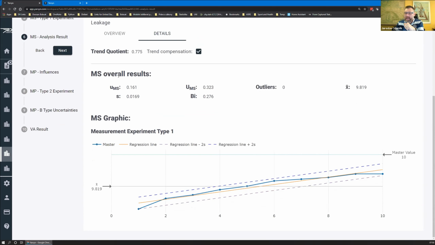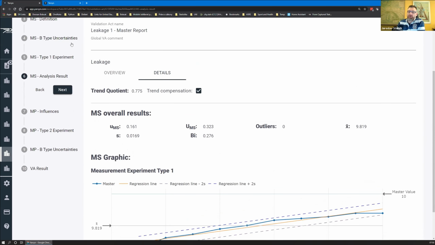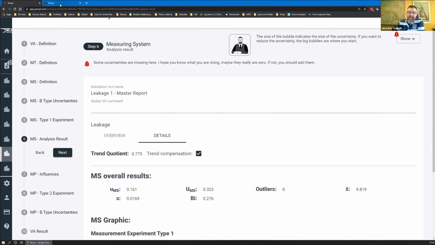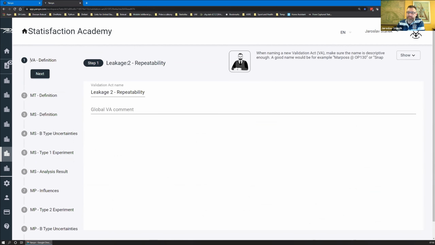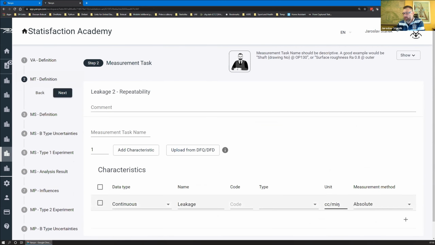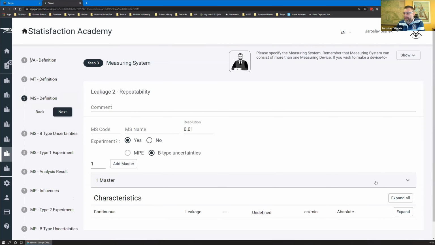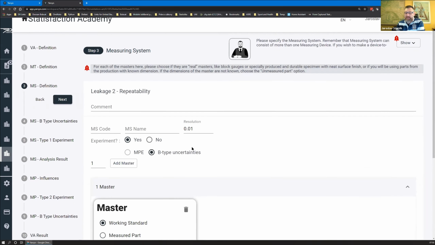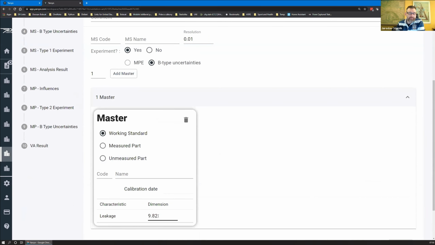And when I have that, I will continue on with my actual measuring device to see what is the repeatability. So again, I have the leakage in cc per minute. I have the master. And now, what is the master?